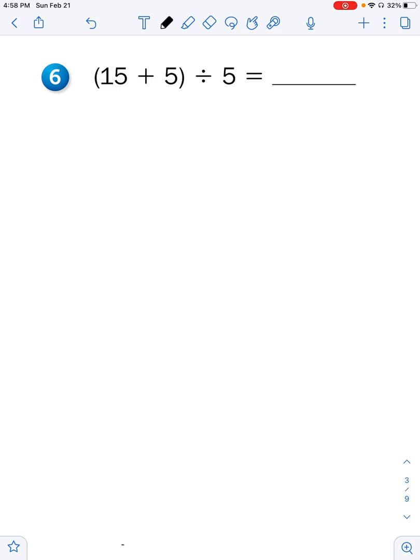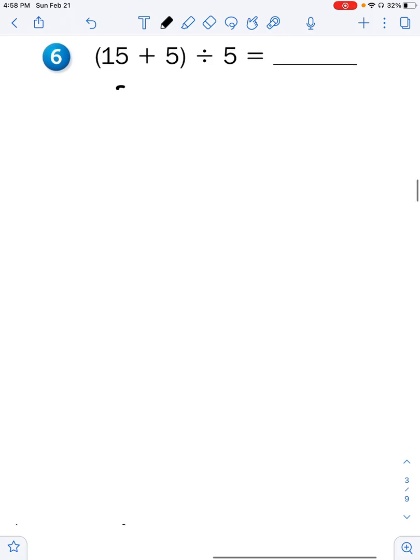Okay, inside the parentheses is 15 plus 5, which is 20. Now that I've done that, I can do divided by 5. I know that since multiplication and division are the opposite of each other, I can just say, what am I going to multiply by 5 to give me 20?